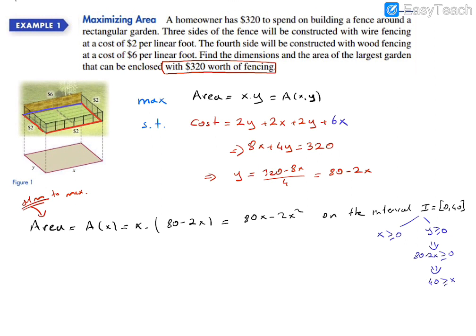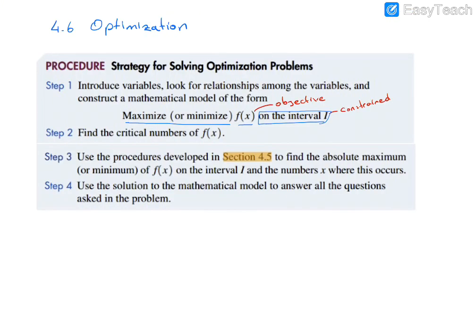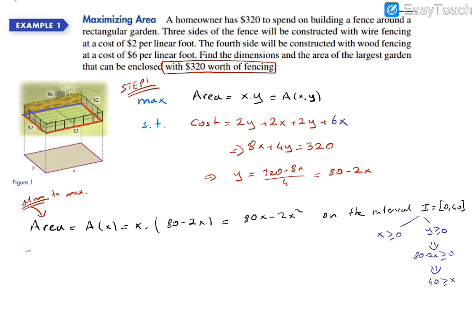Next, we should find any critical numbers. Actually, this is step 1, the first step: introduce the variable. Okay, let's write the equation. So in step 2, we should find the critical points.